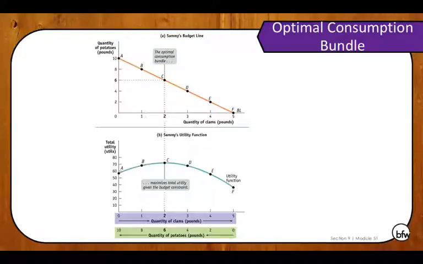If we match that up to his utility function in graph B, where we see the total utility that he gets from different combinations of clams and potatoes, you can see that point C is where his total utility is maximized given his budget constraint. And that leads him to choose to consume 2 pounds of clams and 6 pounds of potatoes.